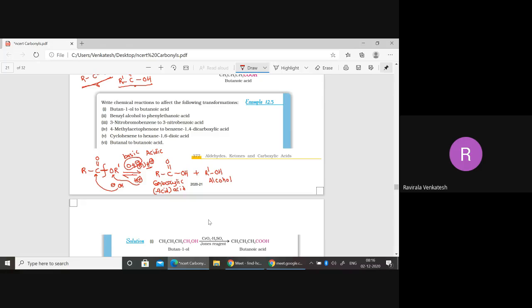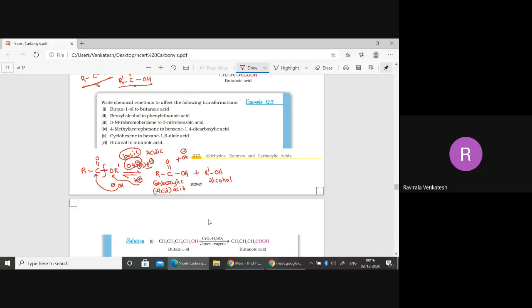So you are getting acid. What are you adding on the reactant side? Base. Now base and acid can react together. So the acid on the product side reacts with the base from the reactant side.